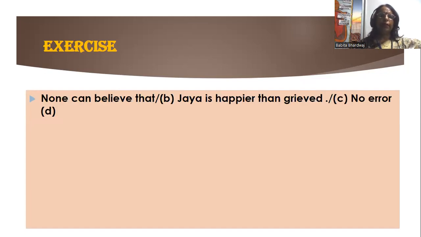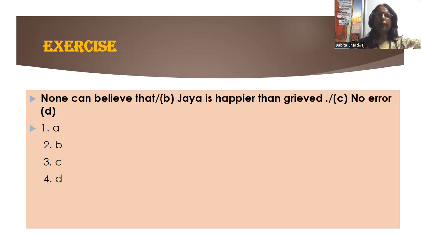Now the next question is, none can believe that Jaya is happier than grieved, or there is no error. Here you can see, none can believe that Jaya is happier than grieved. So these 2 adjectives are being compared, right?